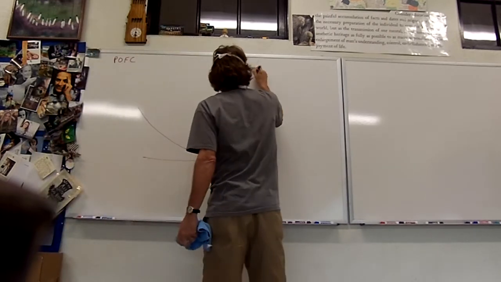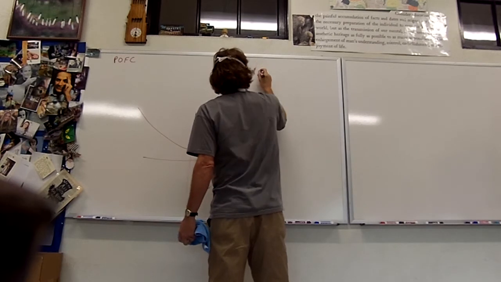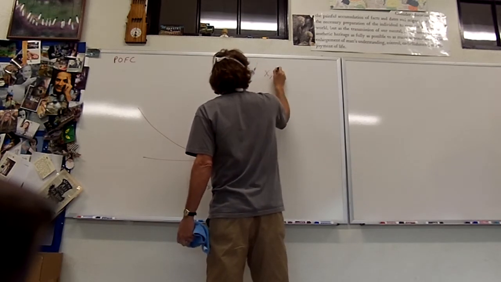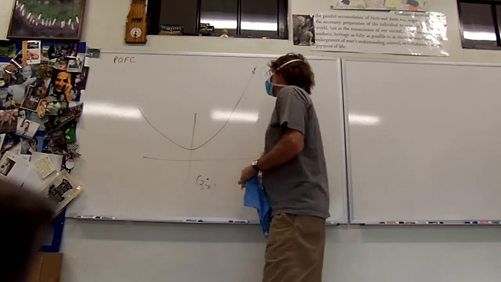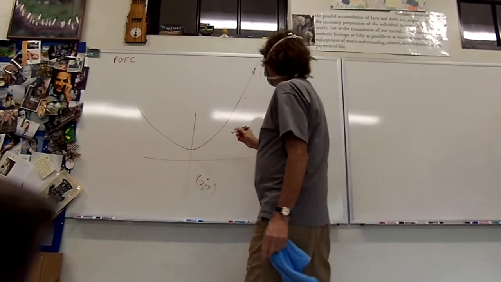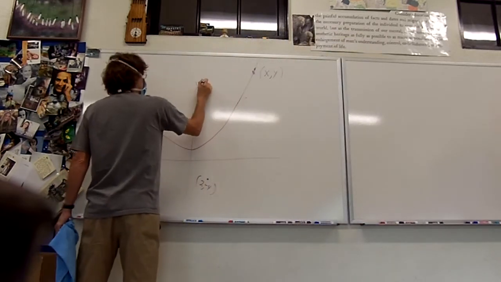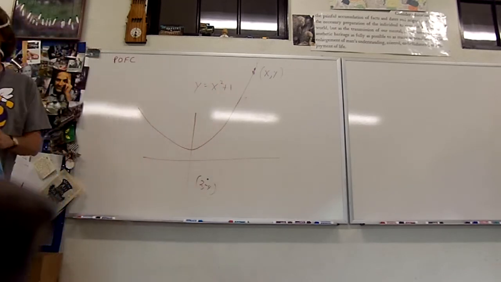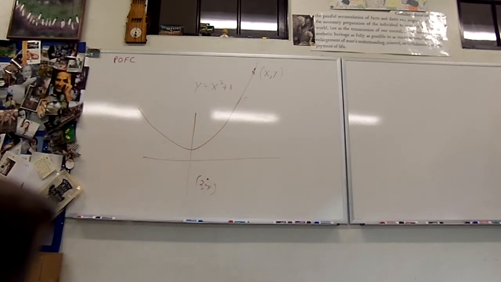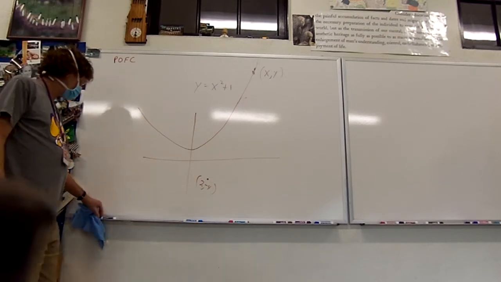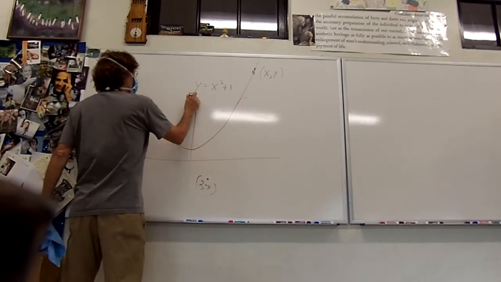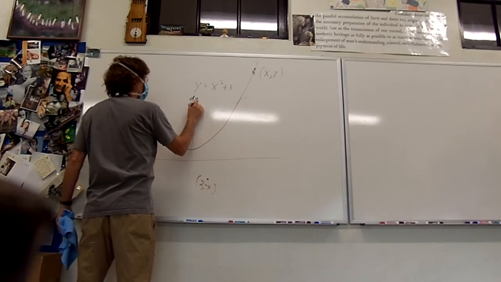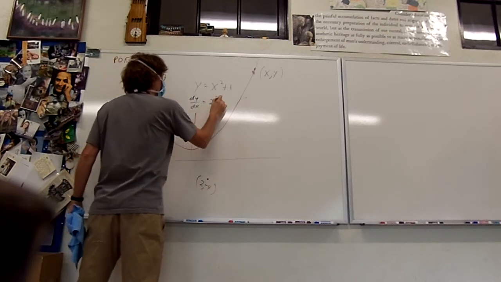And here's why you've got to find this point. Because the formula that you have, y equals x squared plus 1, if you want to change it to your slope formula, dy over dx equals 2x.